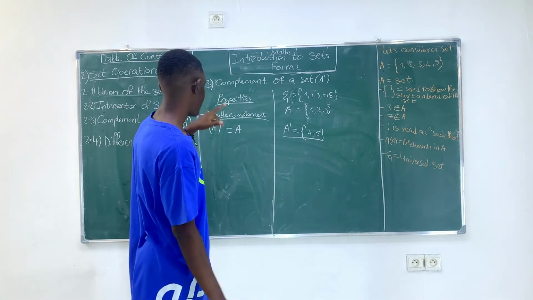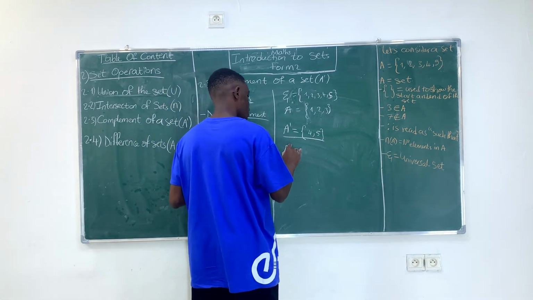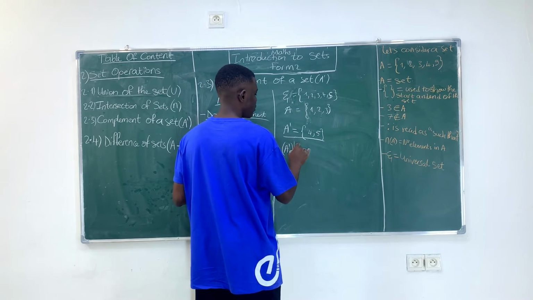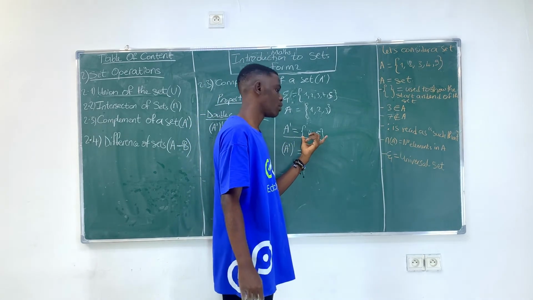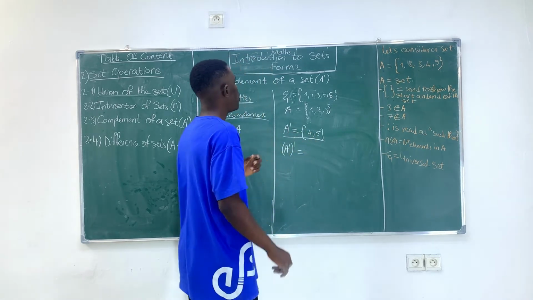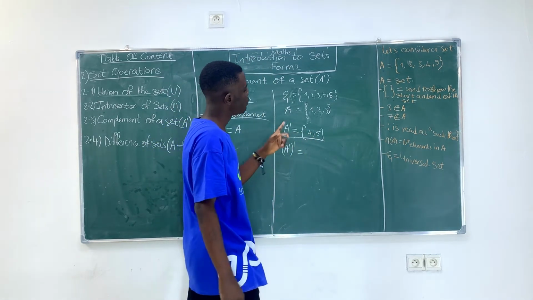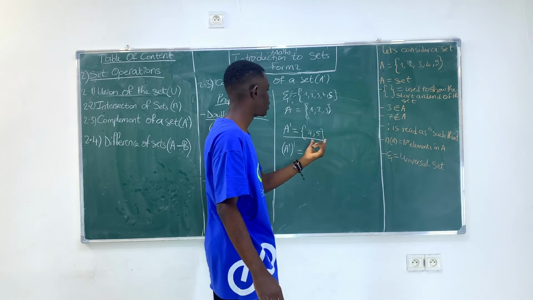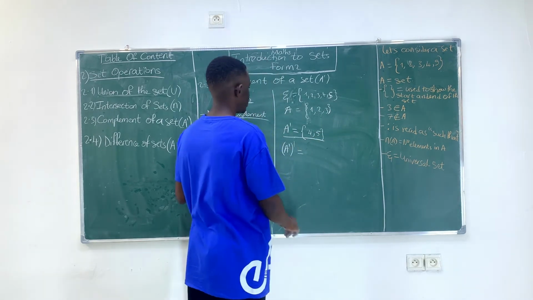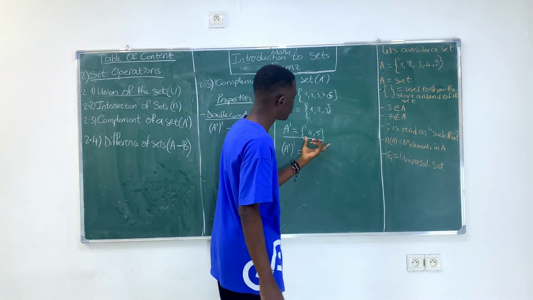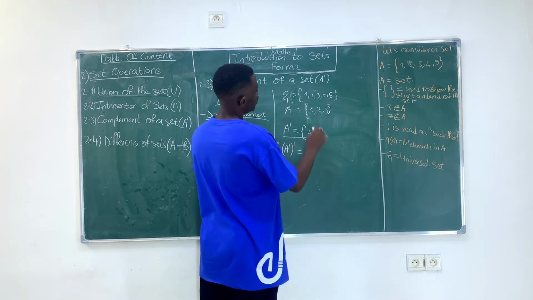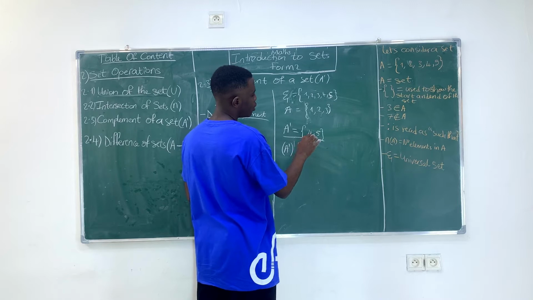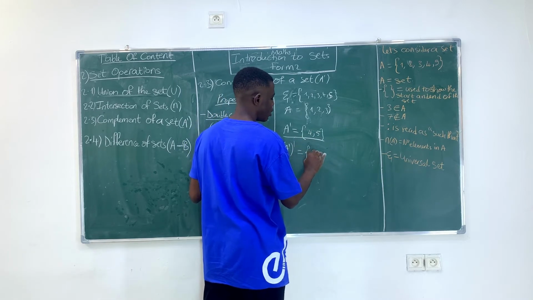Now we're looking for A prime prime. So when we look at our Zeta, we look for every value that is here that is not found in A prime. So you take the prime of this. You check, 1 is here. Is there 1 here? No. So you write 1.